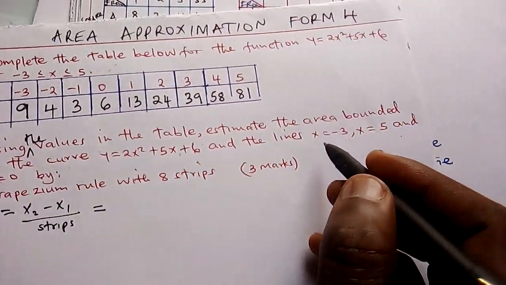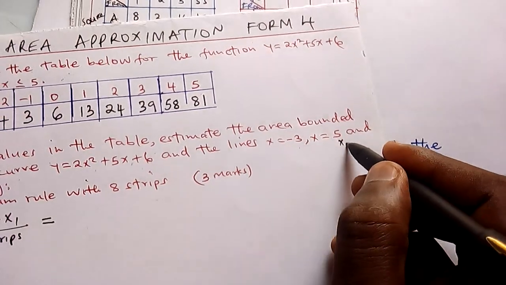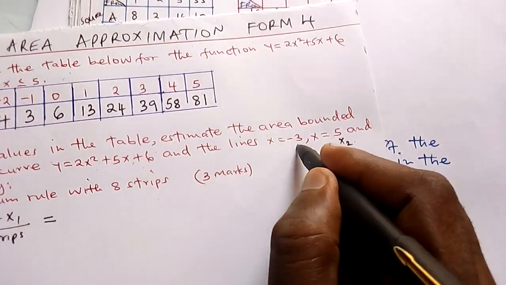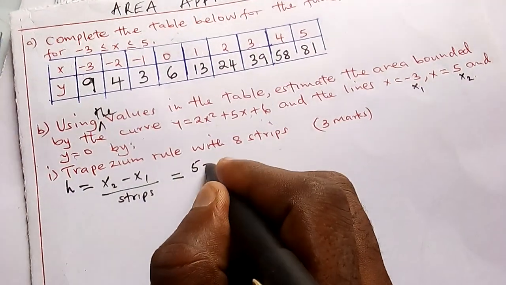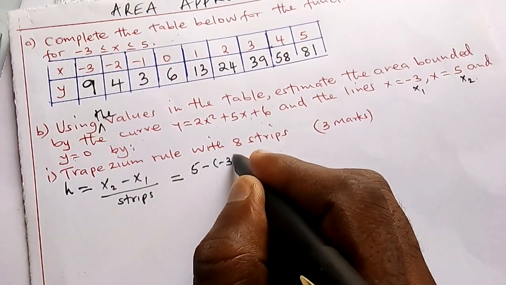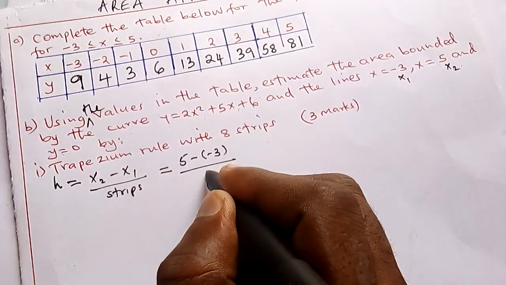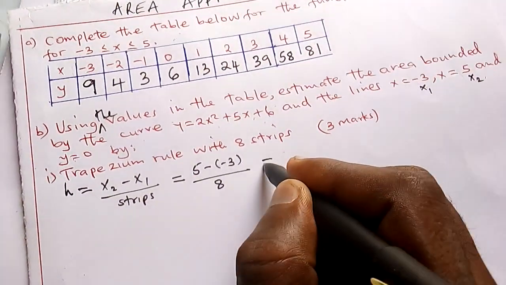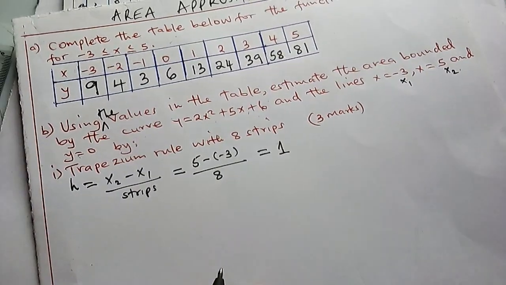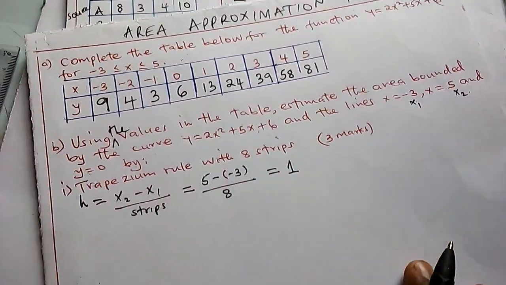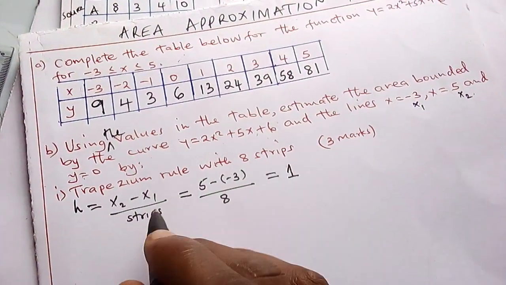So x2 in our case is 5, then x1 is -3. So we are going to have 5 minus -3 over 8. So this is giving us 1. That is our height.